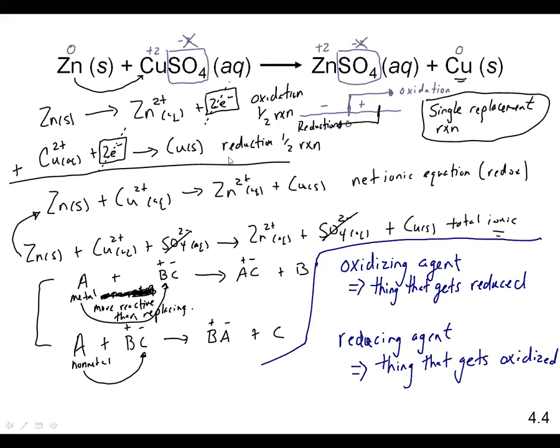So if we look at the reaction that we have on this page that we just did, what we see is the zinc here is going through oxidation, which means by default, our zinc would be our reducing agent.